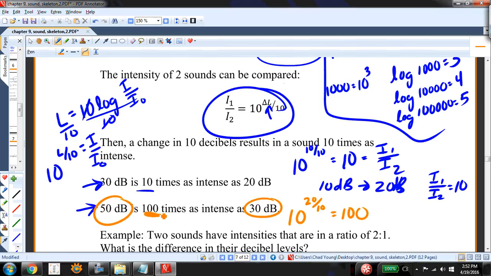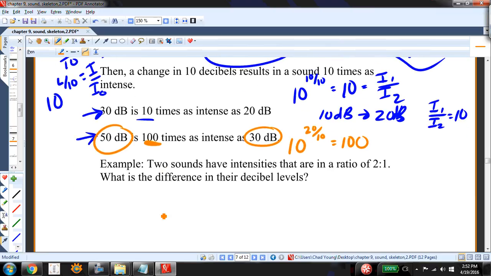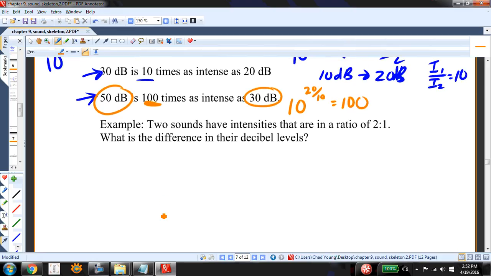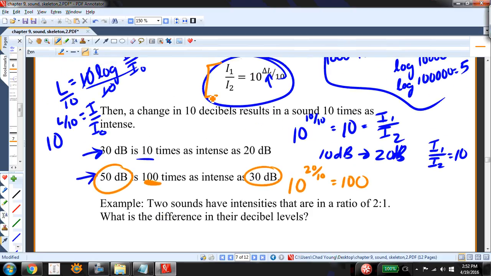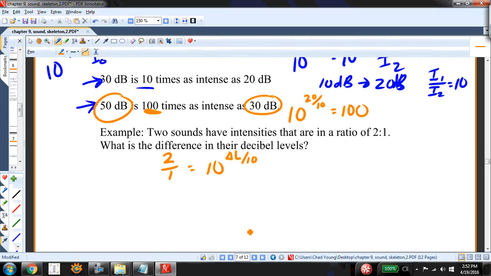All right, so for example, two sounds have intensities in the ratio of 2 to 1. What is the difference in their decibel levels? Well, I want to start over here. The intensities are in a ratio of 2 to 1, and this is going to be 10 to the delta L over 10. I take the logarithm of both sides.